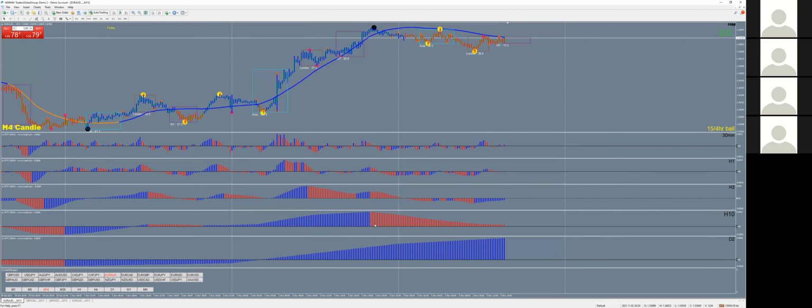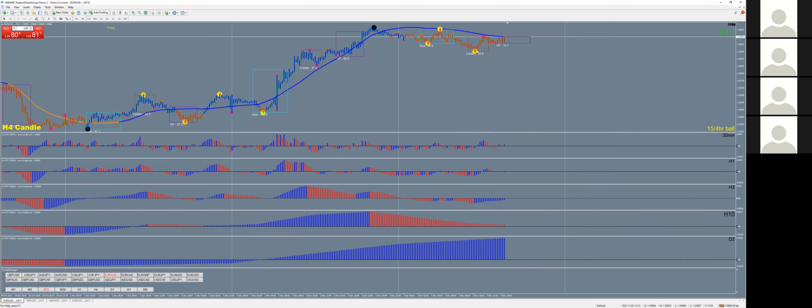If you draw FIBs from the 3 ball in the top to the yellow 3 ball in the bottom, you have a plan to go short, because now it's ranging at the 61.8 from the other, the black one.